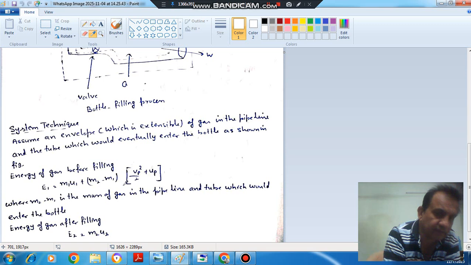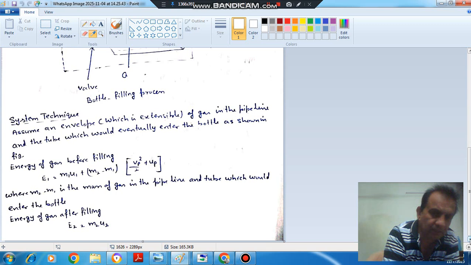That is the total energy before filling. After filling, the final mass becomes M2 and the final specific internal energy becomes u2, so the total energy is M2 u2.